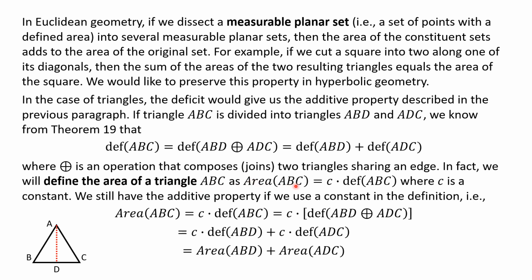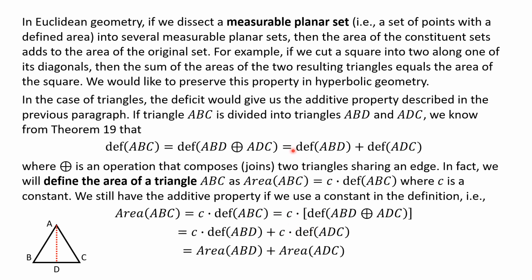The area of ABC is equal to some constant times the deficit of ABC. And we can test that out here with our example. The area of ABC, using our definition, equals constant times the deficit of ABC. And then this deficit of ABC is the deficit of these two pieces here.